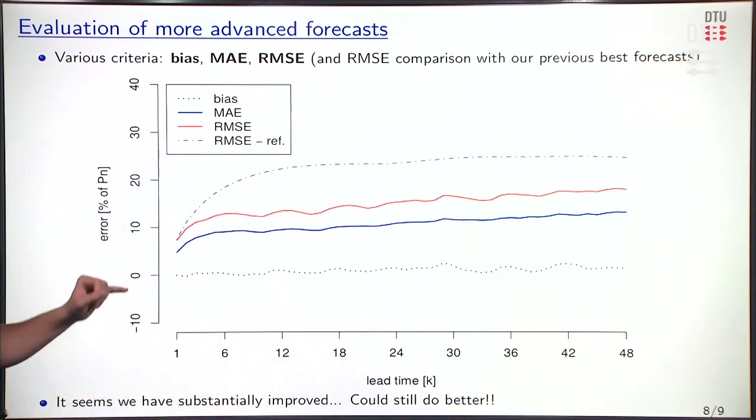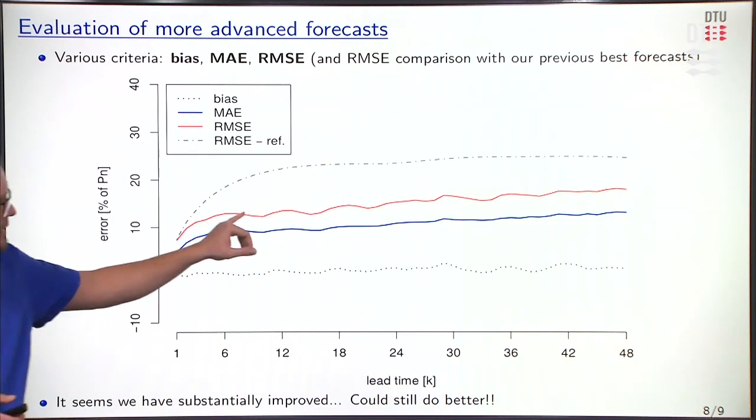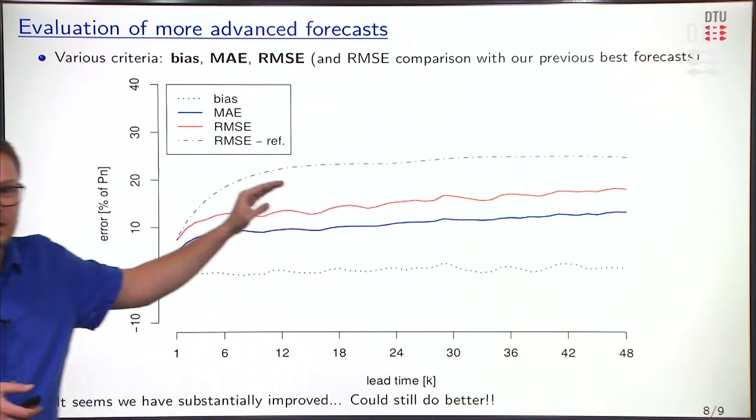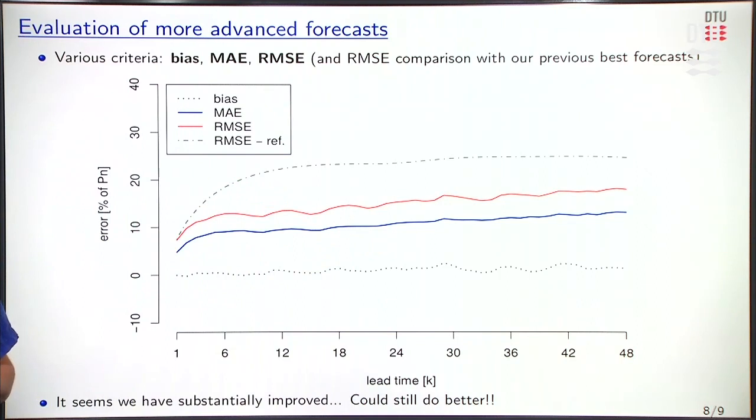Still, considering our more advanced forecasting approach here with the lasso estimator and all the input features, we obtain the RMSE as this red curve, and this is a fairly significant improvement over the reference. For comparison, we also see the mean absolute error here that is, as intuitively expected, lower than the RMSE, but it cannot be directly compared to the other ones.